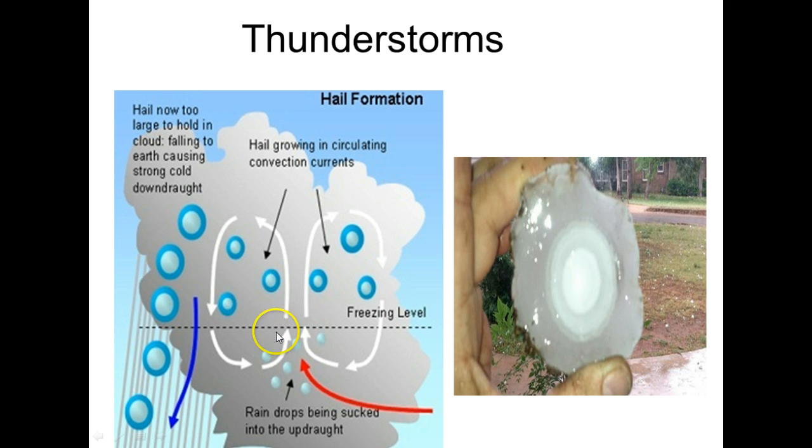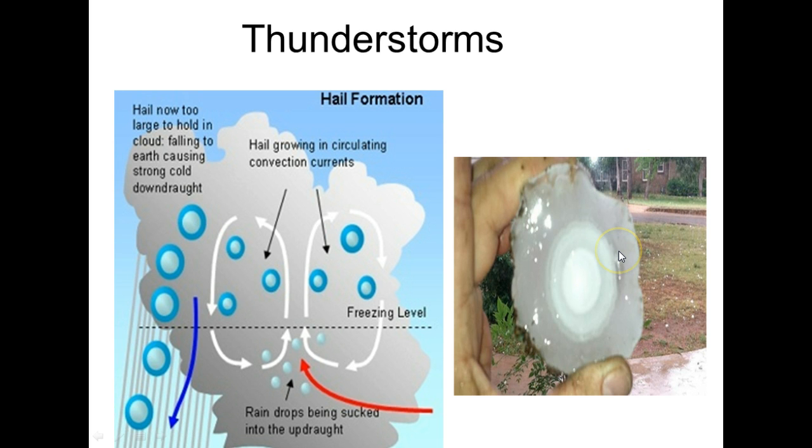And each time now they are pushed up into the cloud, they refreeze. So as they refreeze, they get bigger. So that's why when you cut open a hailstone, like you see here in this picture, you can see layers.